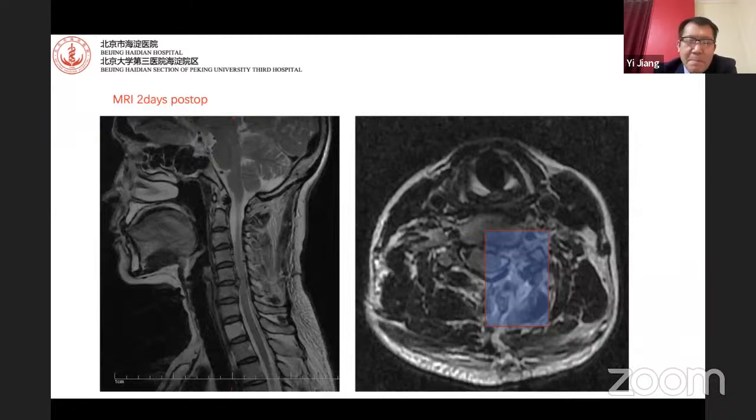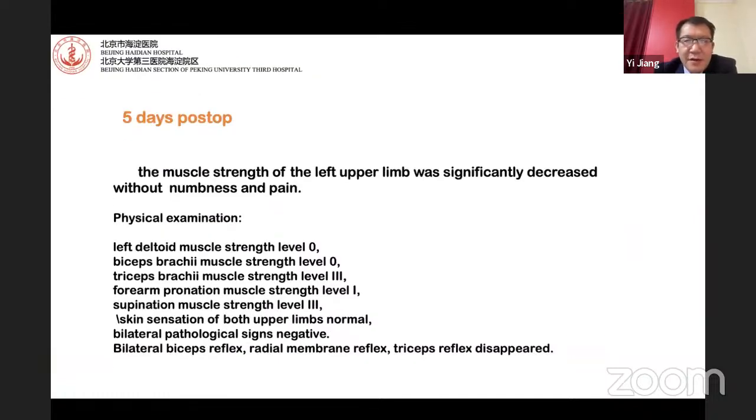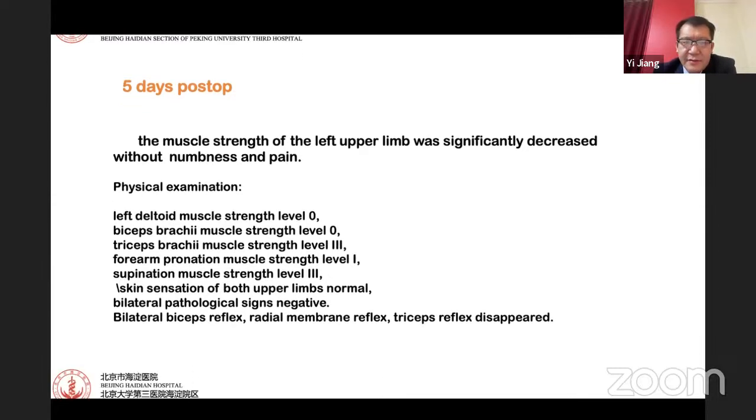This is the MRI 2 days post-operatively. We can see the decompression is good, but 5 days later, the muscle strength of the left upper limb was significantly decreased without numbness and pain, and the reflex disappeared.